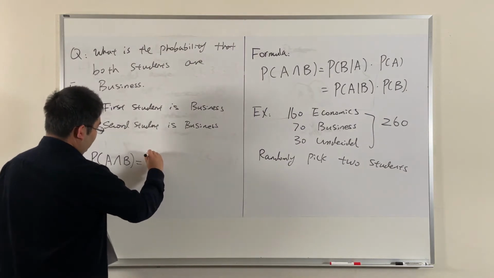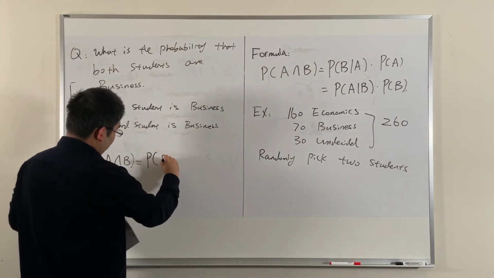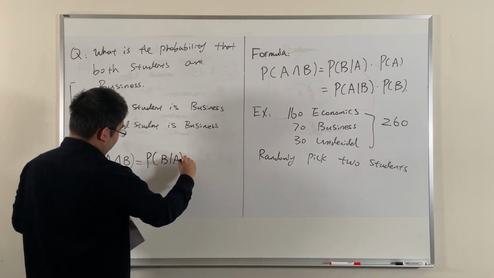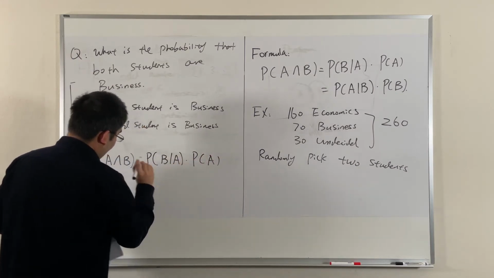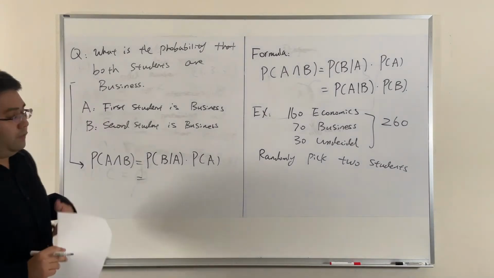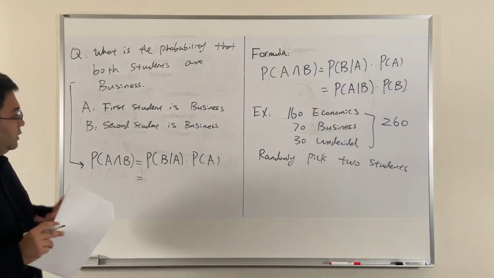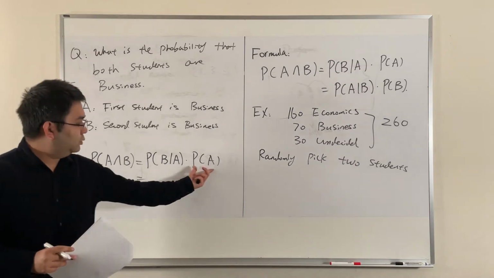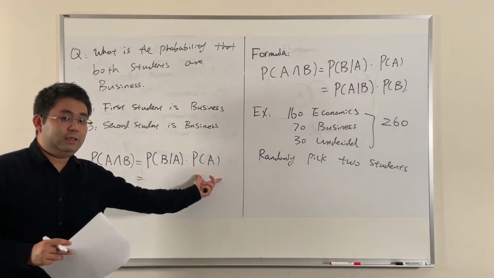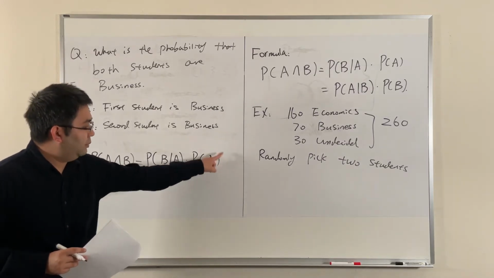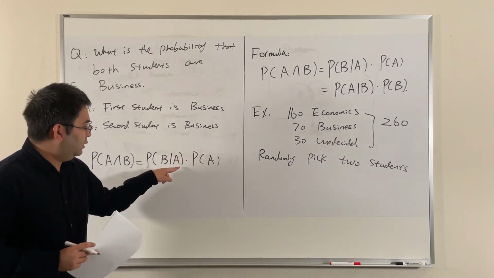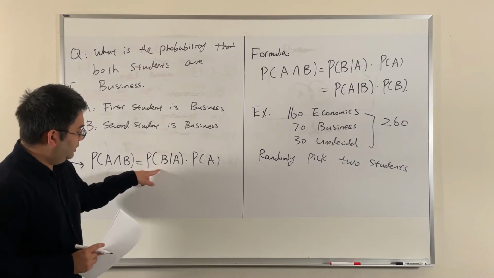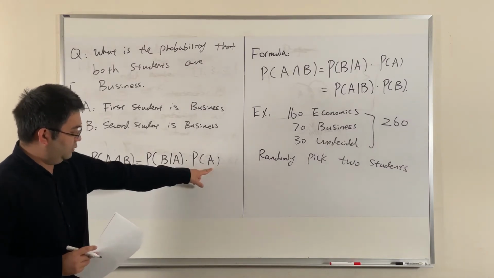Probability of B given A multiplied by the probability of A. Okay, so when solving this question, some people would like to write this one first and then this one second, because the probability for this one is easier to calculate, and the conditional probability here is based on the result of this one.